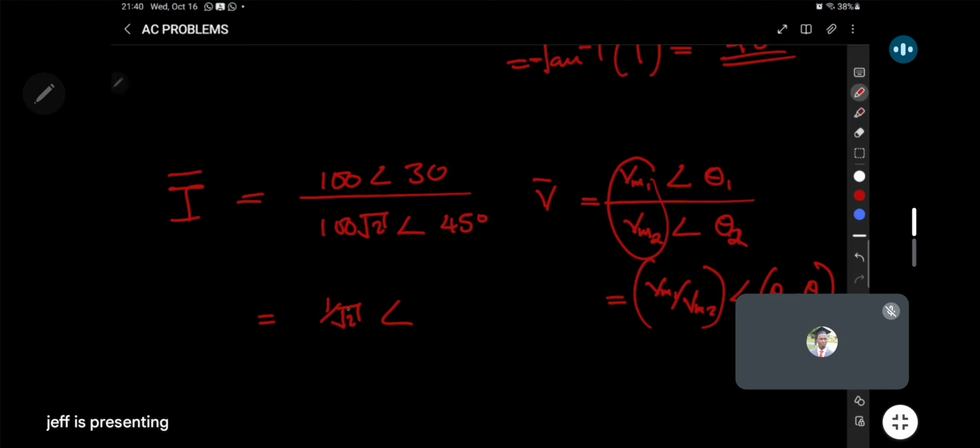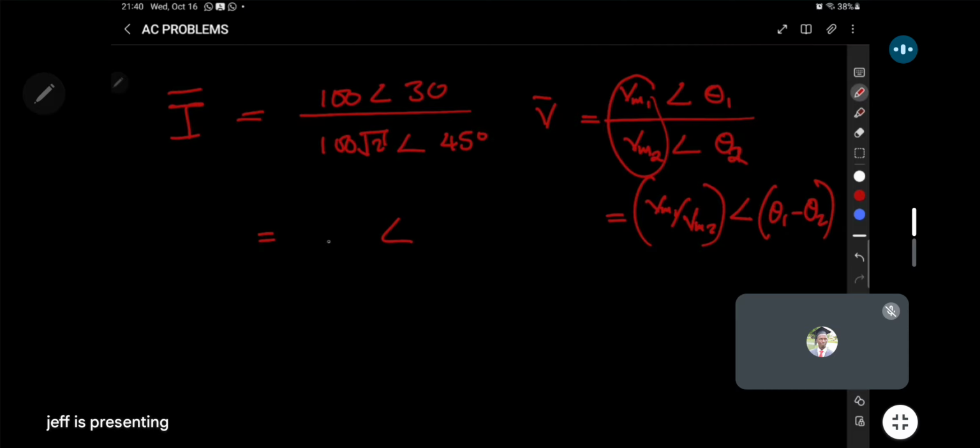So in this case, when you divide 1 divided by root 2, as was shown there, that will reduce to just 0.707. And when we subtract 30 minus 45, we get minus 15 degrees. So this becomes the current in phasor form.